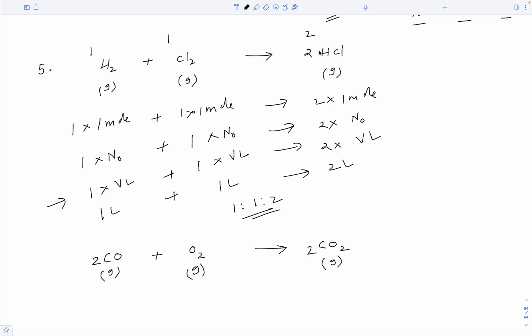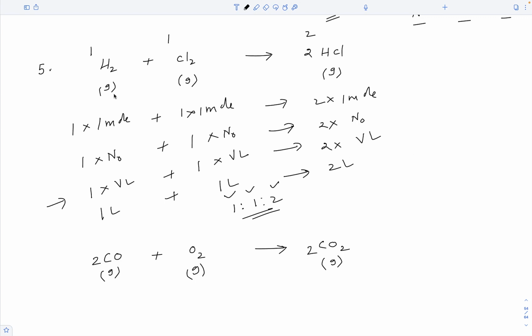In a chemical reaction, the ratio of the volumes of gaseous reactants that are combining and the gaseous products that are formed is the same as the ratio of their stoichiometric coefficients.